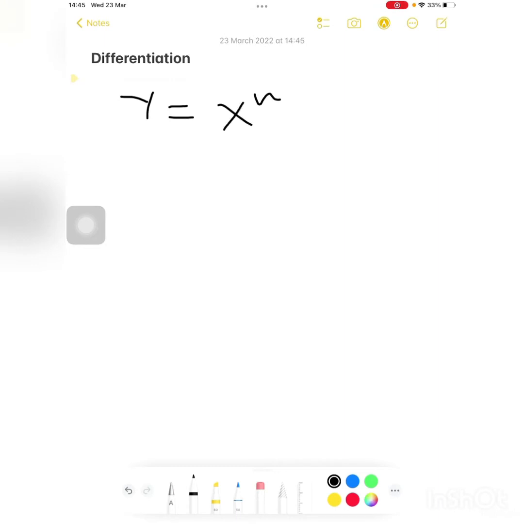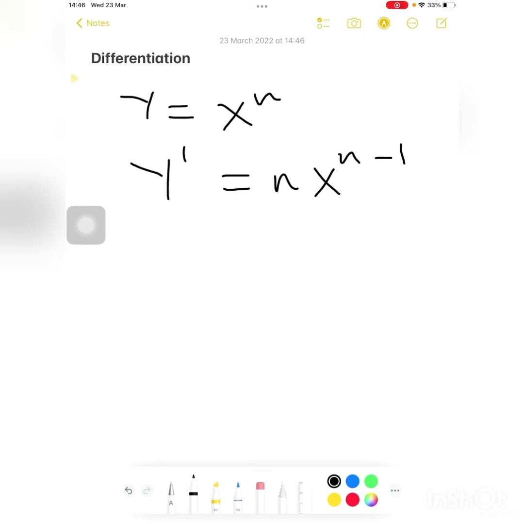If we differentiate this function, we say that y prime, the derivative of this function with respect to x, is equal to n x^(n-1).